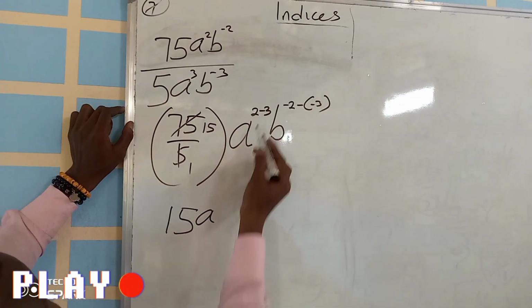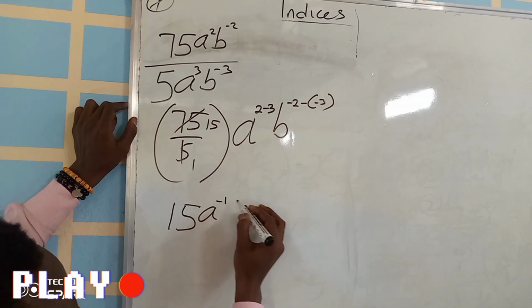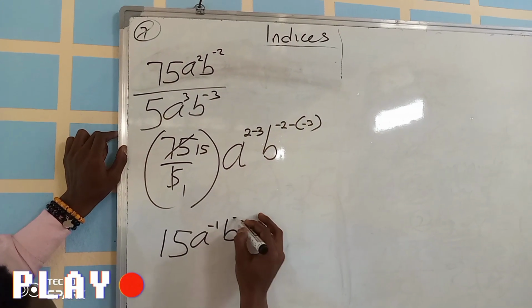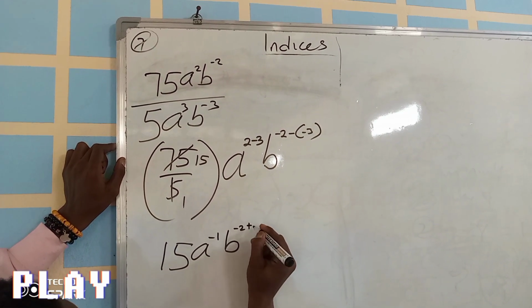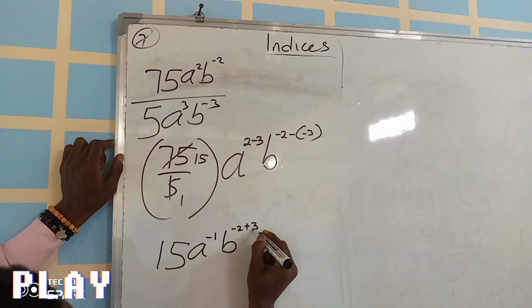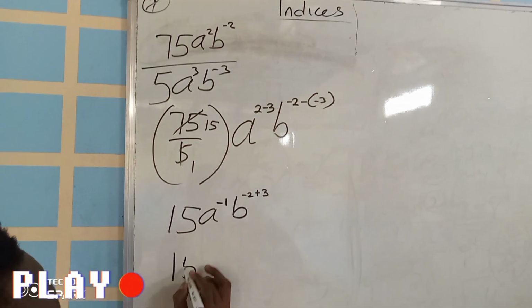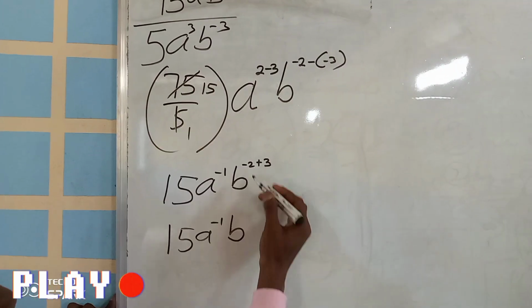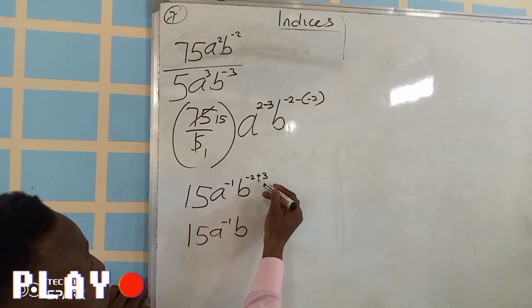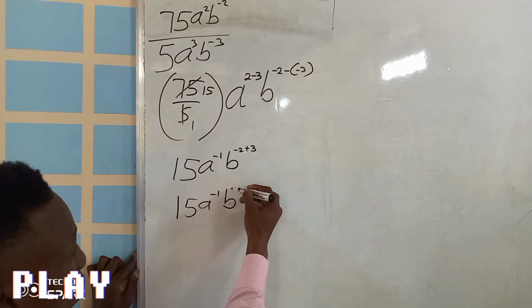Now 2 minus 3 is minus 1. Then b to the power minus 2, and minus times minus is plus 3, which will give us 15 a to the power minus 1 b to the power minus 2 plus 3, which is 1. So I'll leave it like that.